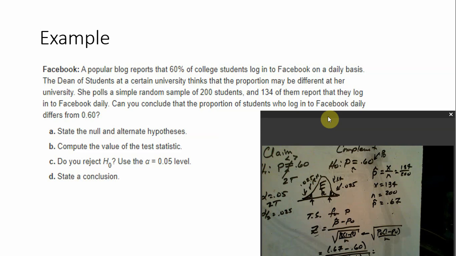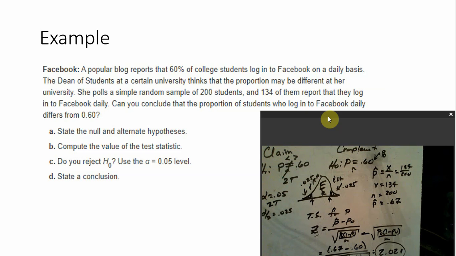And that becomes all of this. So this value for the z-score is 2.0207, or I'm just going to put 2.021.